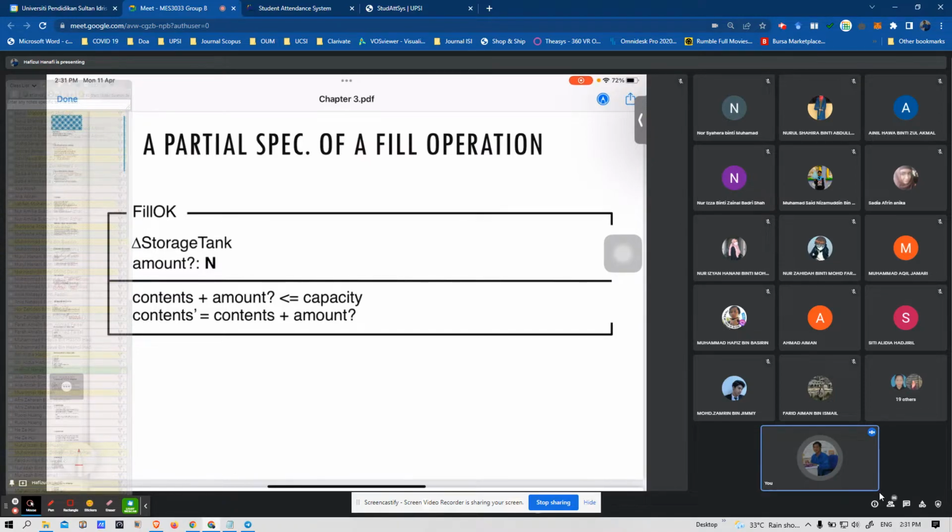And then we have field, and then we have delta. We have Z and delta.